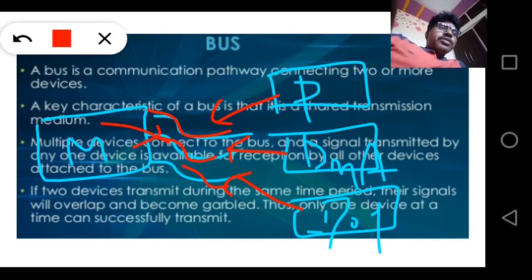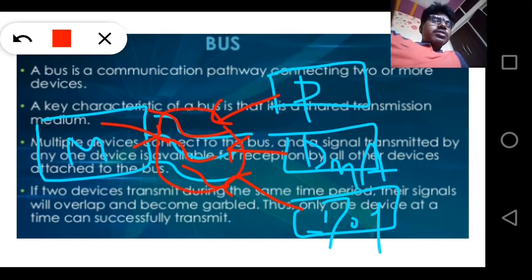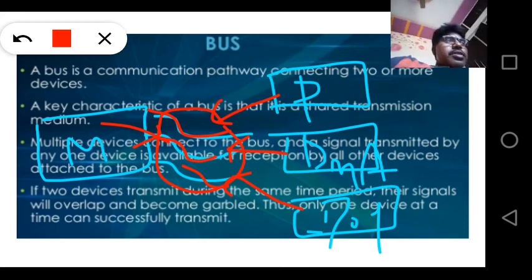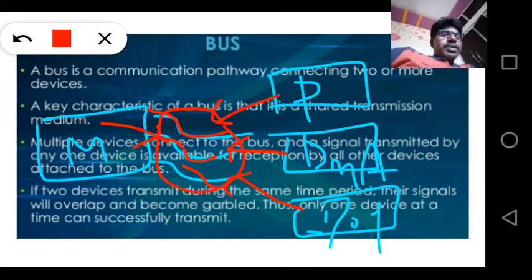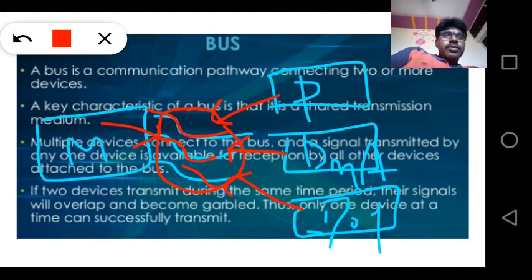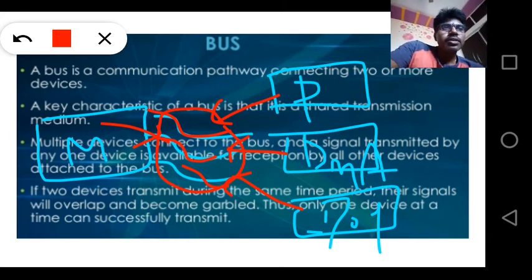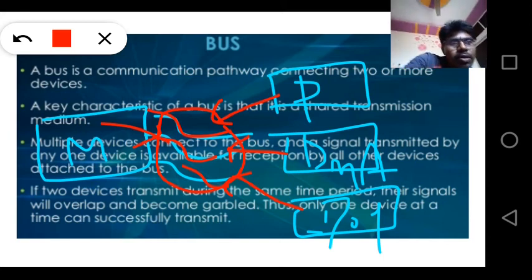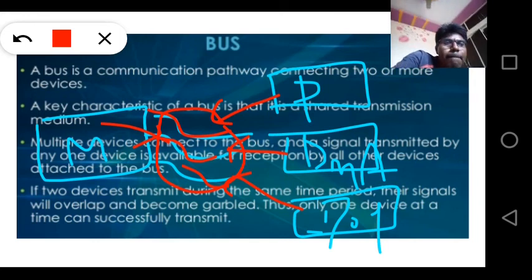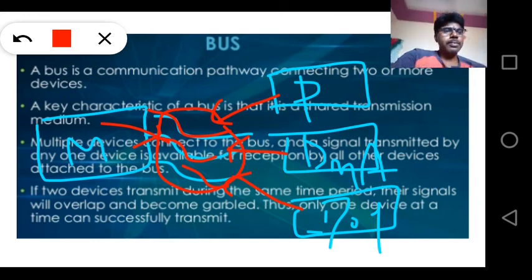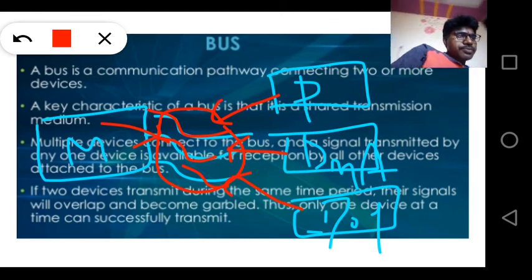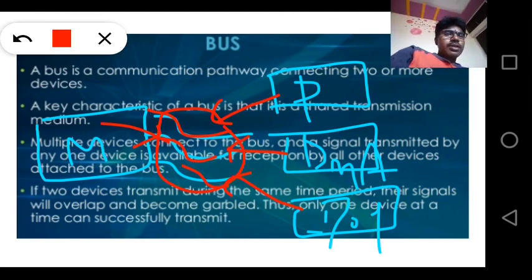So multiple devices connect to the bus, and a signal transmitted by any one device is available to all other devices attached to the bus.